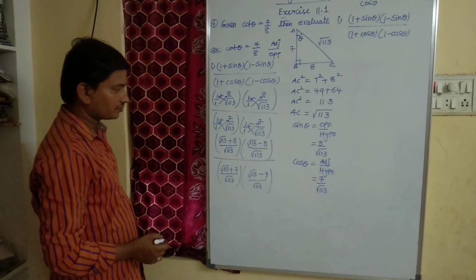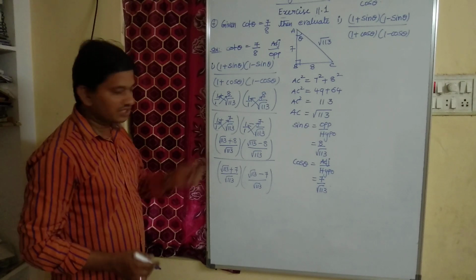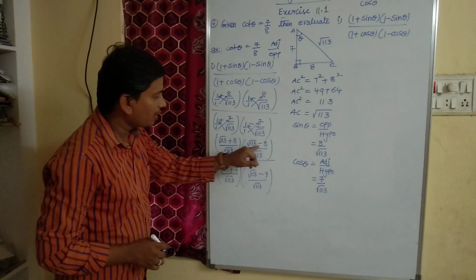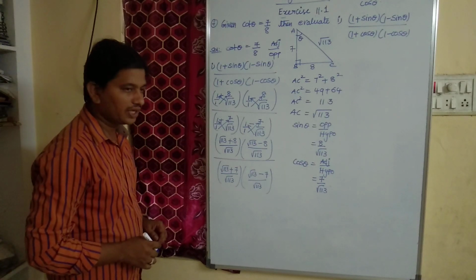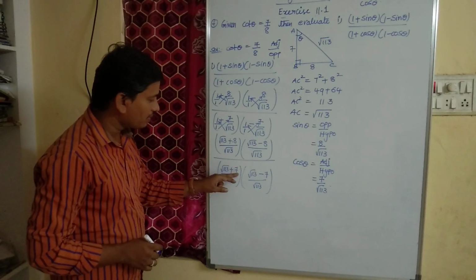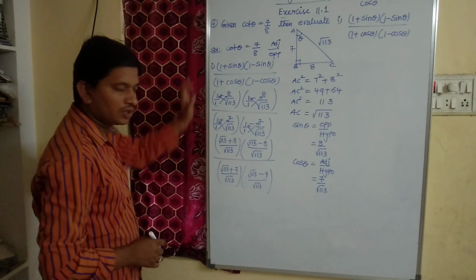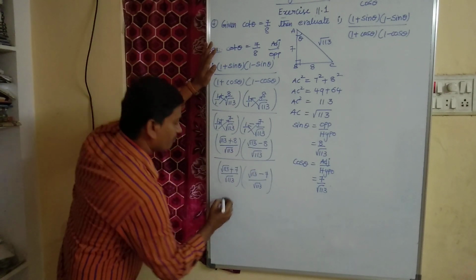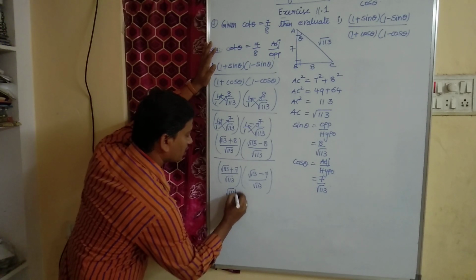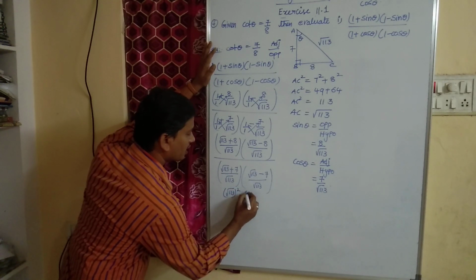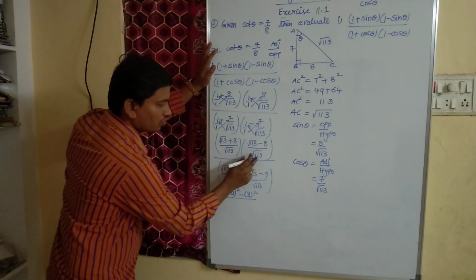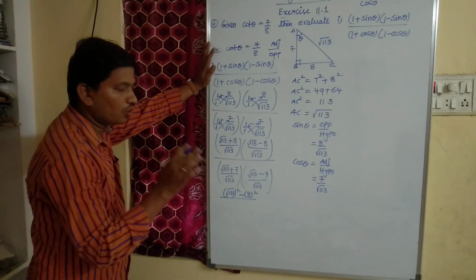Okay children. Now if you observe, this is in the form of a plus b into a minus b. Yes, here also a plus b into a minus b. So root 113 plus 8 into root 113 minus 8, I can write as root 113 whole square minus 8 whole square divided by root 113 into root 113 whole square.